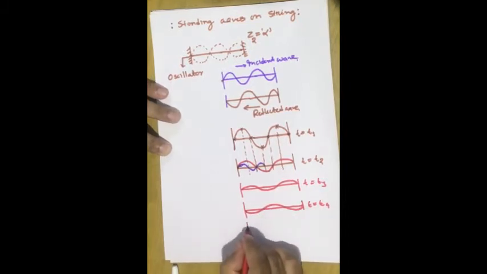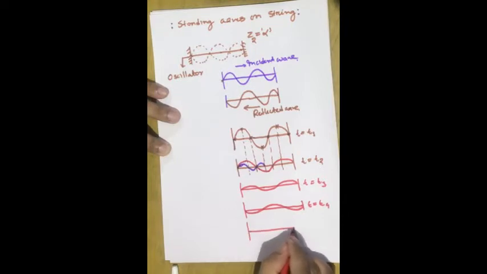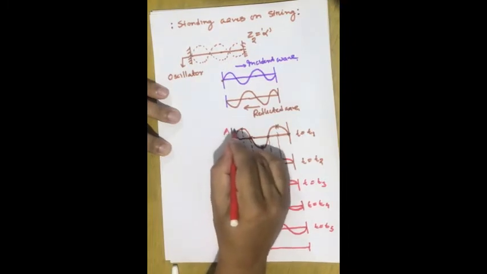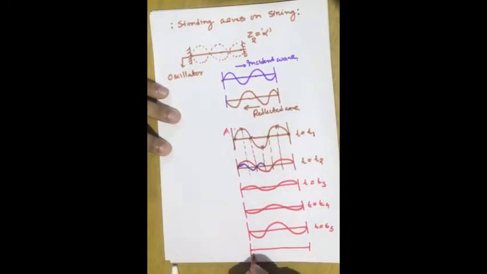At time t is equal to t5, it will be something like that. At time t is equal to t6, again it reaches its maximum amplitude. If the maximum amplitude is say A, then at time t6 it reaches the maximum amplitude again.